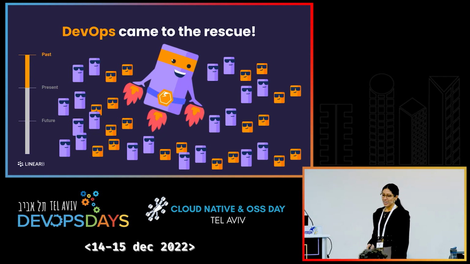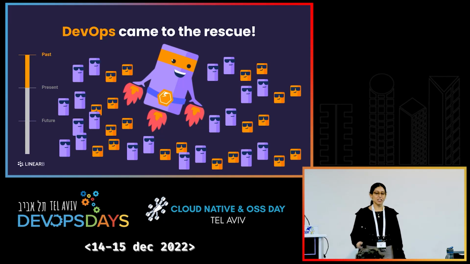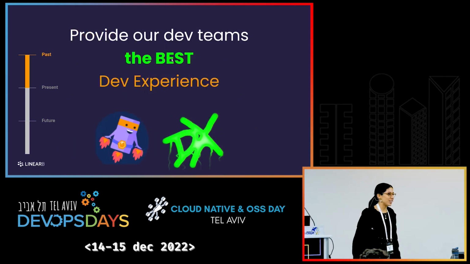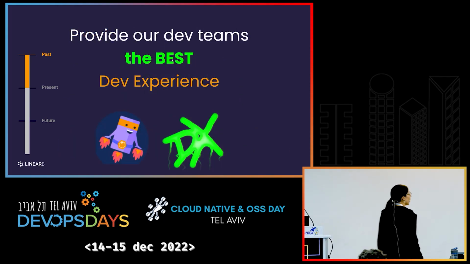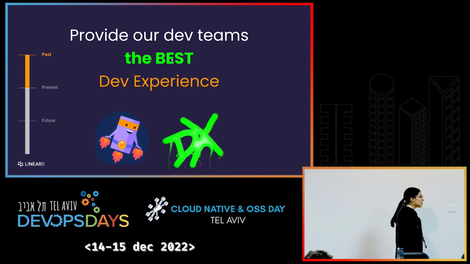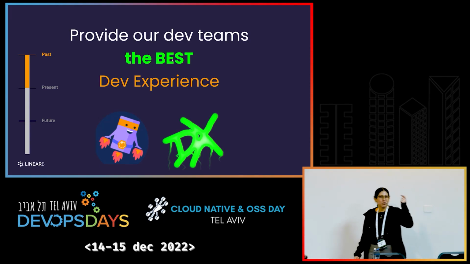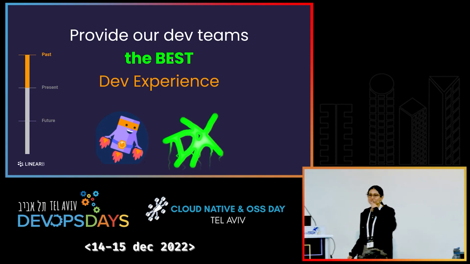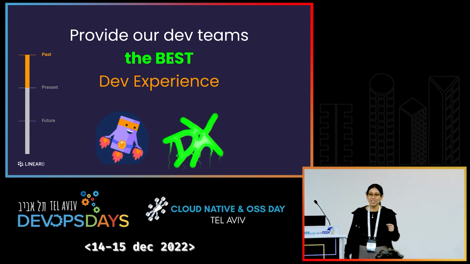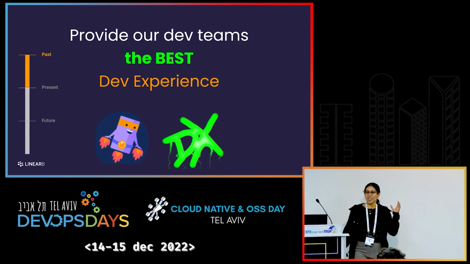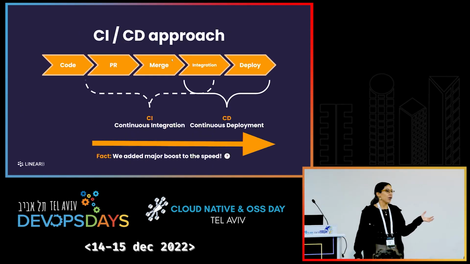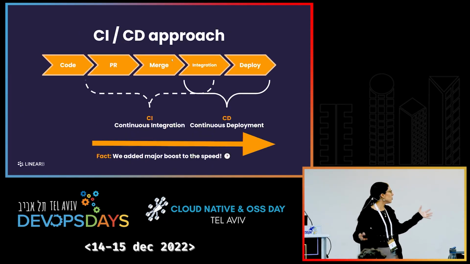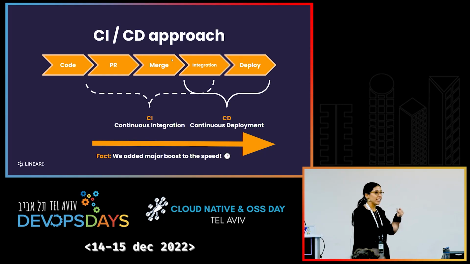So this is a good thing, and just keep in mind that we are the best. Not only did we solve their problems related to ops in general, we are that good that we also provided them a good dev experience with CI/CD, right? We have this CI/CD approach that gives us really cool tools in the market, like GitHub Actions.